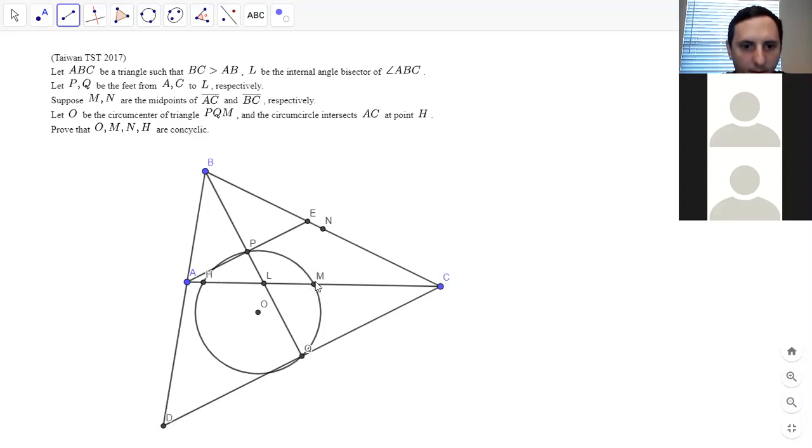So you know MN is parallel to AB. And so MN and Q are going to be collinear. And this is going to be parallel. So basically, we want to show that ON bisects angle HNM.